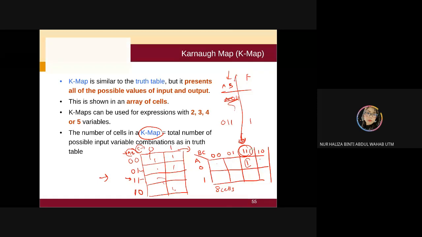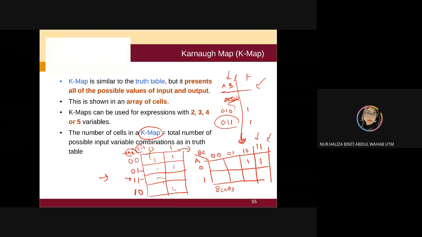Wait, okay, let's say you did like this, 1 1. You said, Doctor, at this part, my output for the truth table is 1. So why do you say this is wrong? And then maybe here 0 1 0 is 1. So I put it correctly. Why do you say this is wrong?